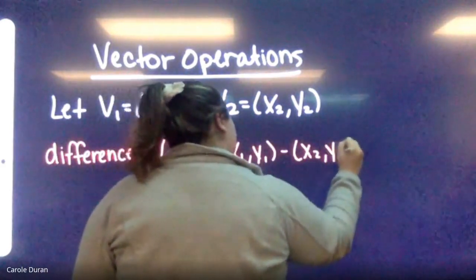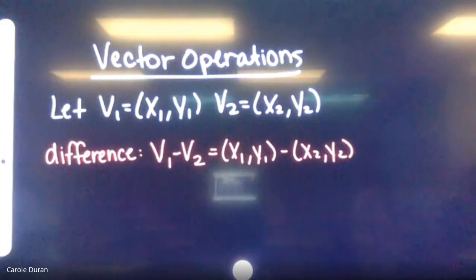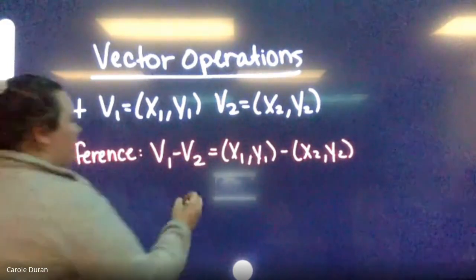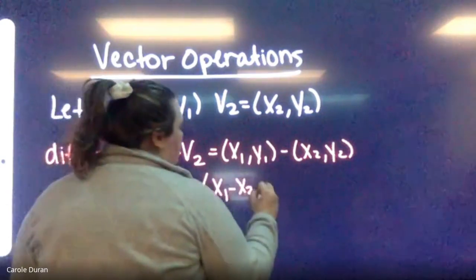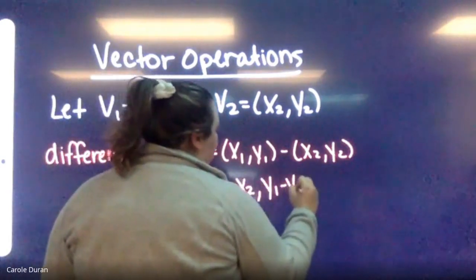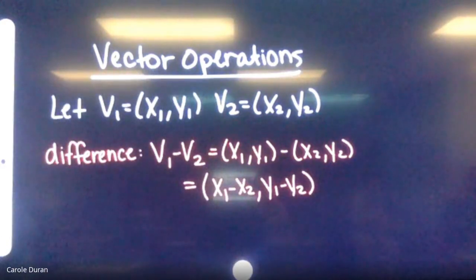So this rewritten is just x1, y1 minus x2, y2. When we subtract like terms, it's gonna be x1 minus x2, comma y1 minus y2. And then we would just simplify it to find the new difference vector.